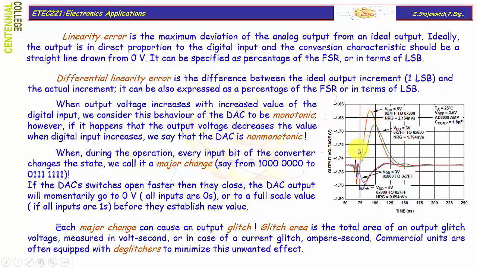It's actually very hard to get those diagrams because usually manufacturers are hiding this problem with glitches. But this Analog Devices integrated circuit has a specification and it shows the change from 7FF, that's in hex, to 800 hex. Obviously that's a major change.